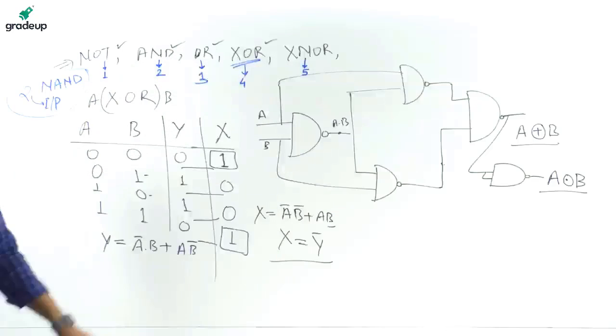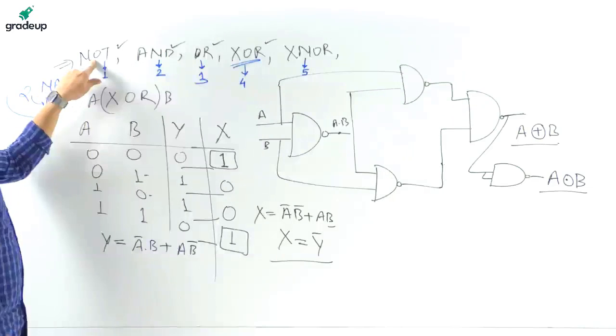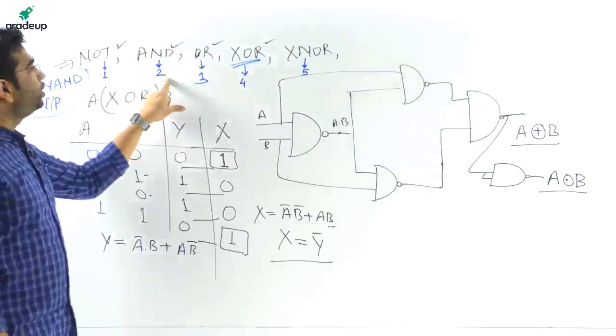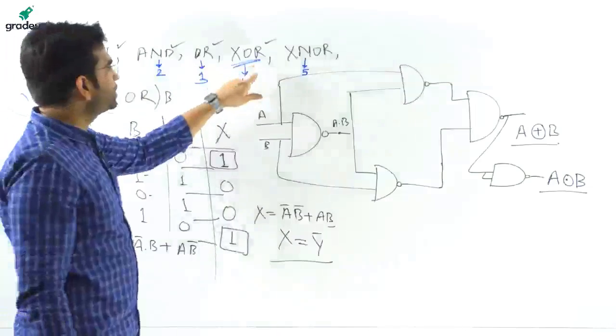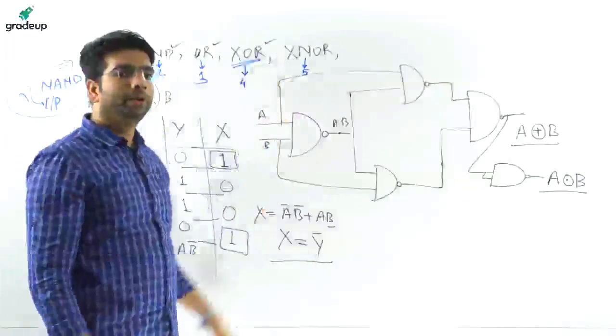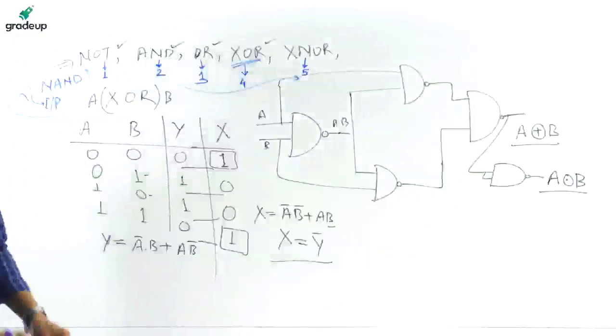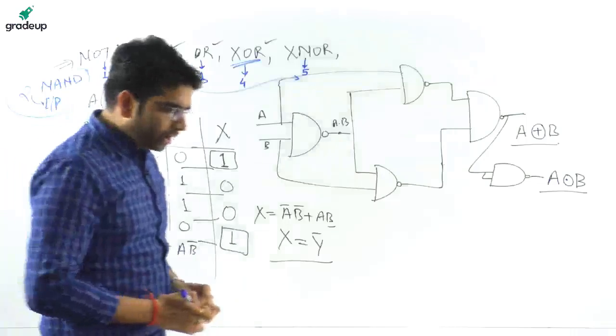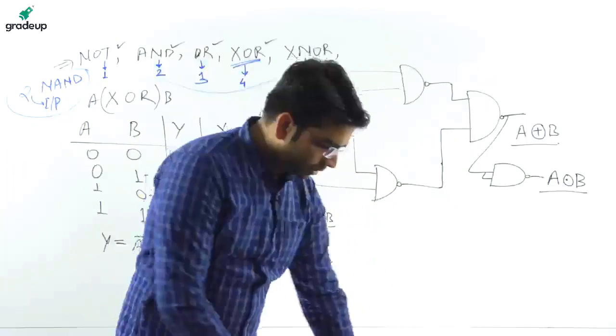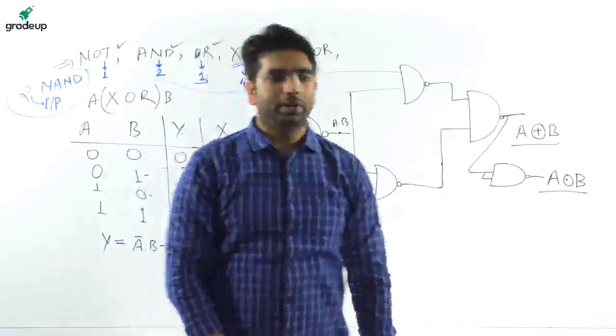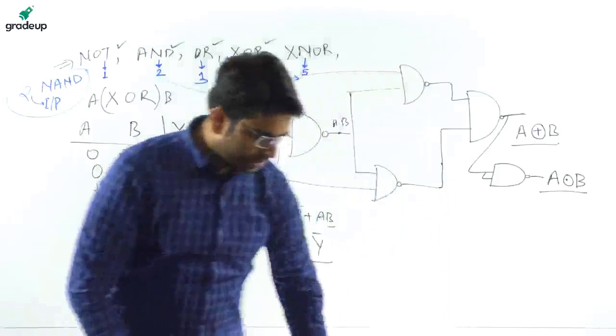How many 2 input NAND gates are required for making a NOT gate? 1. For making AND gate? 2. For making OR? 3. For making XOR? 4. For making XNOR? 5. Have you got this series? So we are here with this NAND gate operation. Friends, take a screenshot of this.